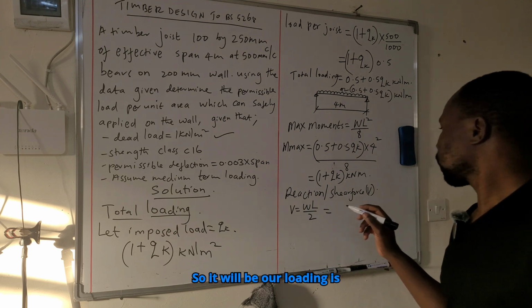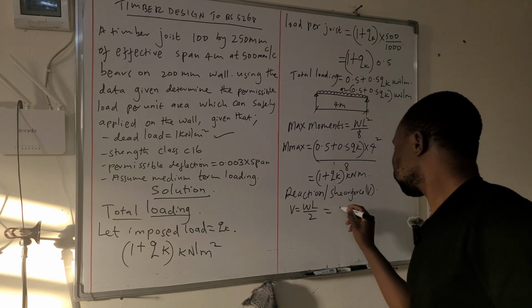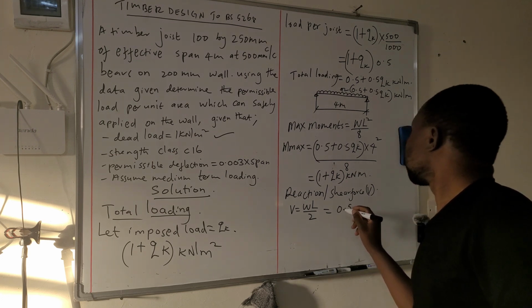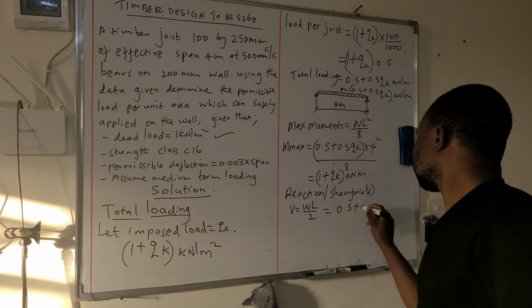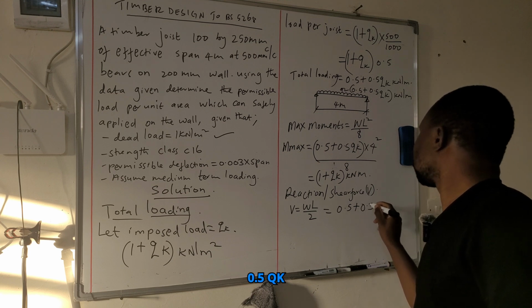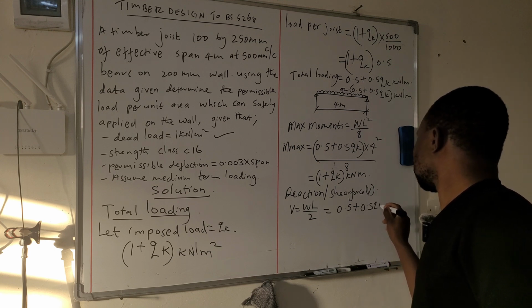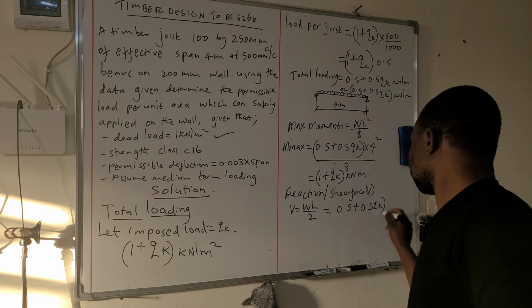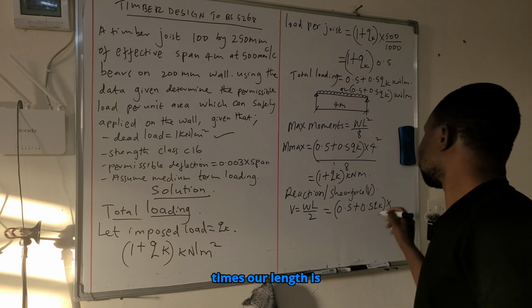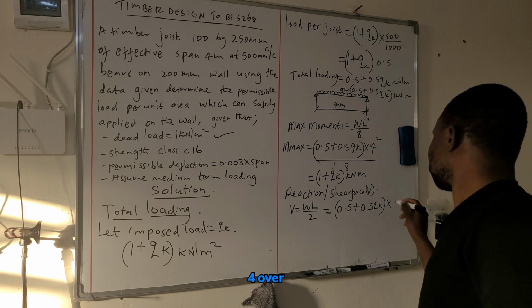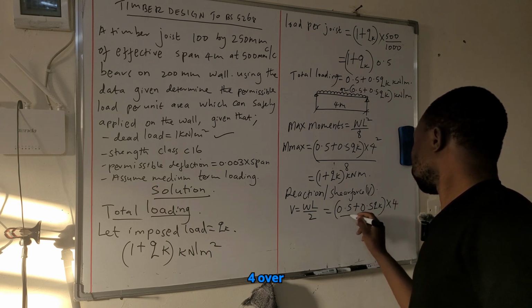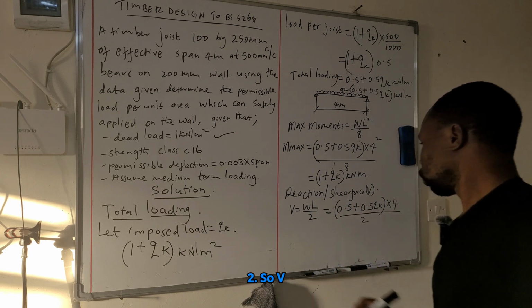So our loading is 0.5 plus 0.5 Qk times our length 4 over 2.